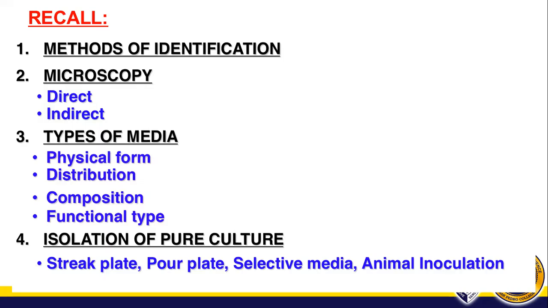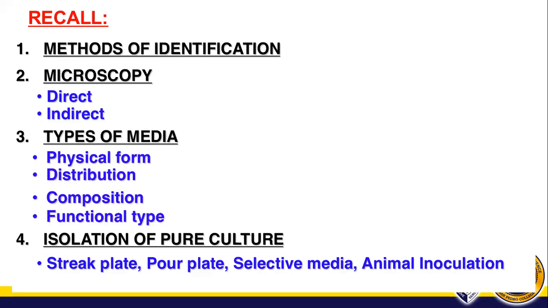But among the three, the differential staining method is more commonly used, because this includes gram staining and acid-fast staining. The indirect method includes negative staining, where the background is stained and the object to be viewed is left colorless.